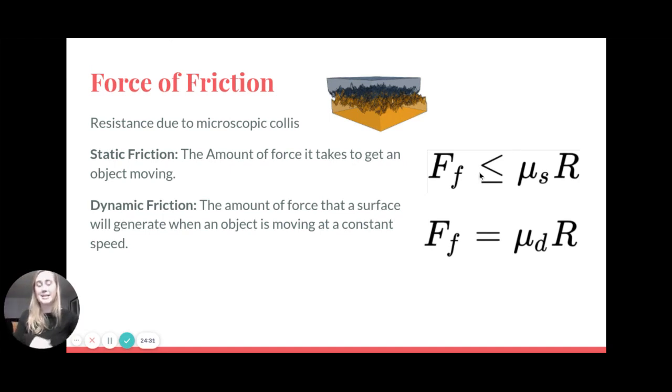And so that's why it's less than or equal to, because if you barely push on an object, friction doesn't have to resist you much. You won't get a lot of sideways pushing between those peaks. But force of friction dynamic will always be equal to, because it's going to be the amount that is the ratio between how much is pulling backwards and how much is pushing in.